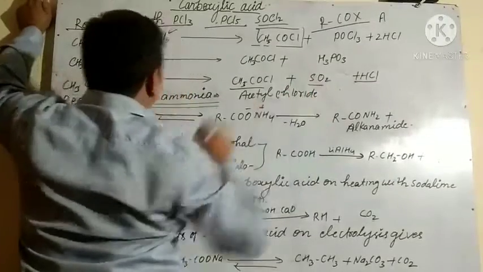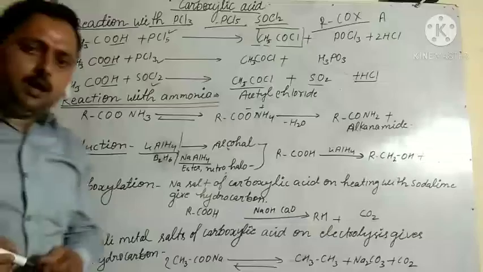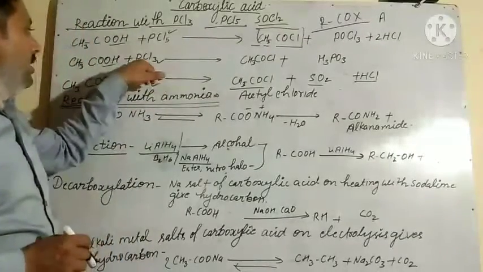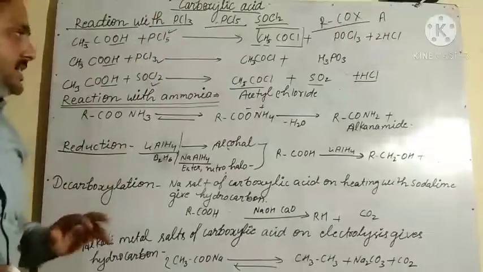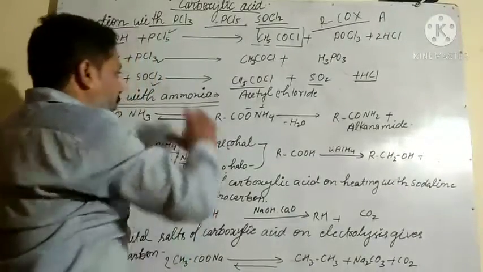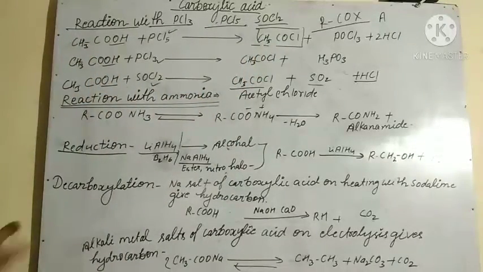When it reacts with PCl5, PCl3 or SOCl2, that is phosphorus pentachloride, phosphorus trichloride and thionyl chloride, in all the cases we get acetyl chloride. The product depends on the acid we start with, maybe acetyl chloride, maybe propyl chloride.